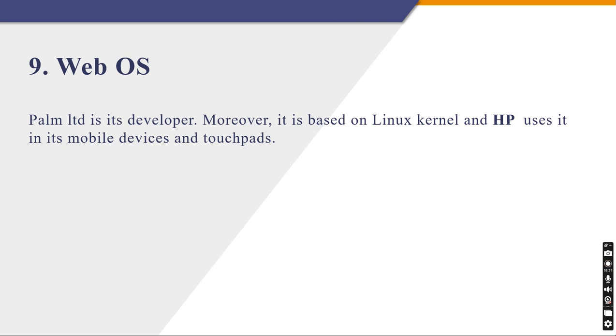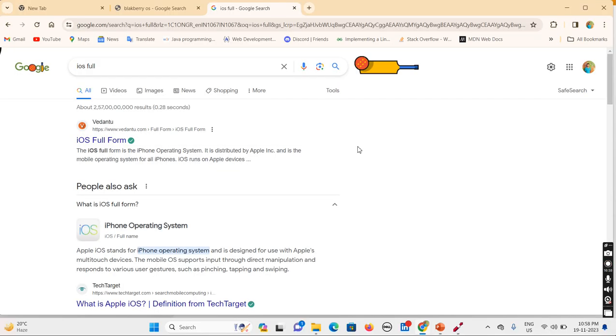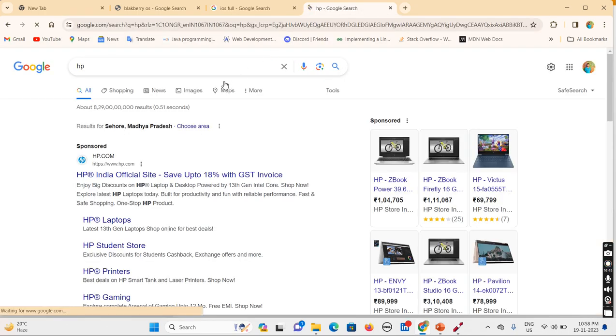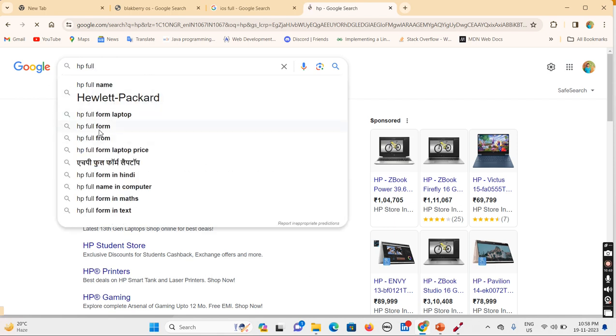Moreover, it is based on the Linux kernel and HP. HP means, go to your HP and see here. Don't worry, why do we use Google, HP full form. I know, but HP full form is Hewlett Packard.